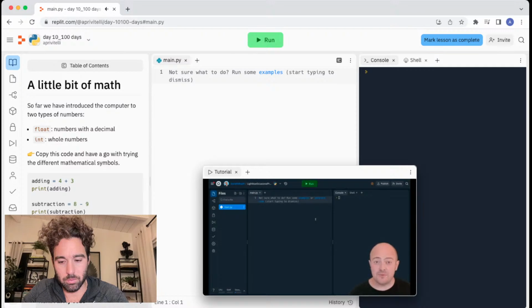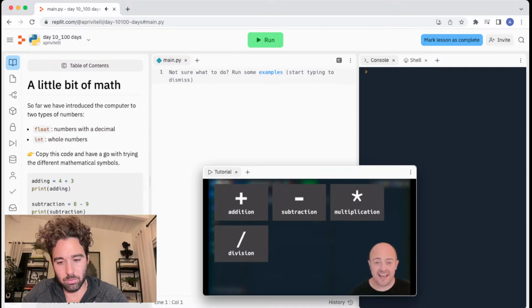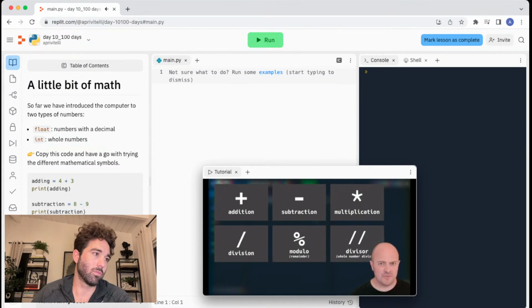All of the math we'll be looking at today is very, very straightforward, but can be applied to both sets of numbers. Now, in a computer, we can set a variable to the result of a mathematical function. This is a very simple way of doing math and printing out the answer. The mathematical symbols that we use are the standards of addition and subtraction, as well as multiplication and division, represented by the asterisk and the forward slash symbol, as well as two interesting concepts: modulo or modulus, which is the remainder of a division, and the divisor, which is whole number division.